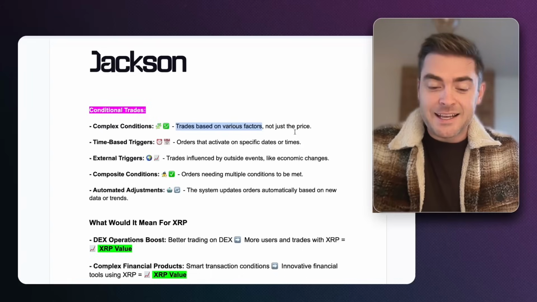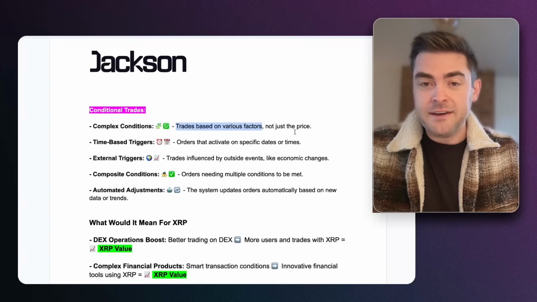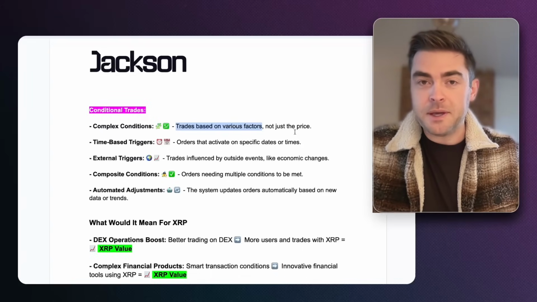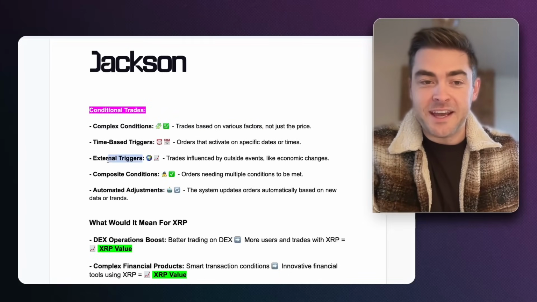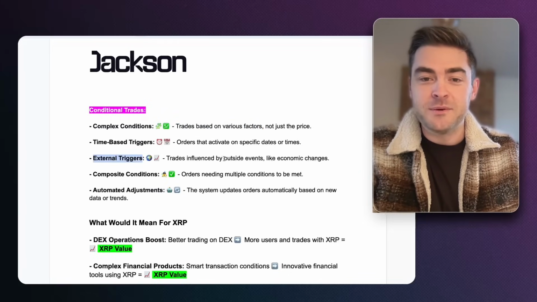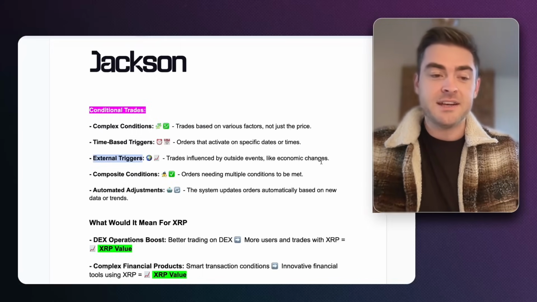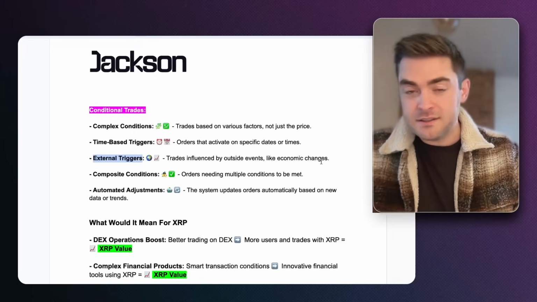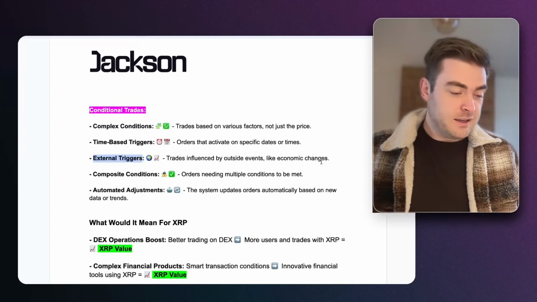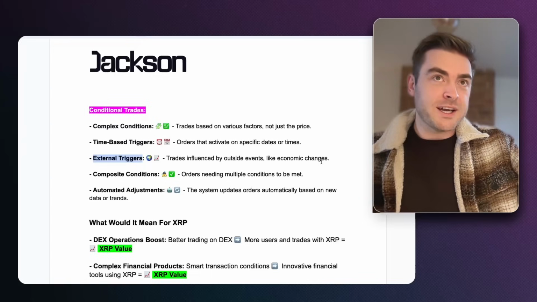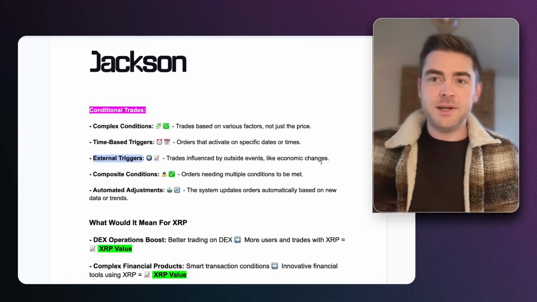When we're looking at selling or taking profits, it doesn't have to be about the price. It could be about an event. And that's what this is when we get into external triggers. Trades influenced by outside events like economic changes. So let's say an event is there's a rate cut in the interest, the Fed does a rate cut. What if that was the trigger to take profits on a completely different asset?